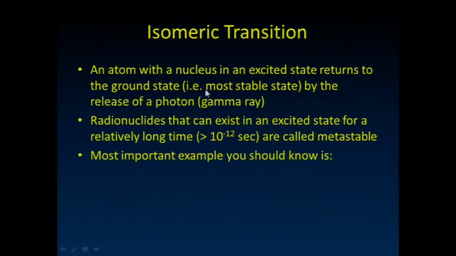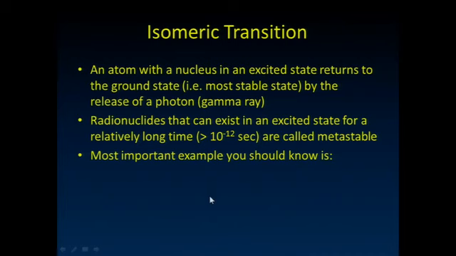When they decay to that ground state, they release a gamma ray photon. It comes from the nucleus there as that atom goes from that excited state down to its ground state. Now, radionuclides that can exist in that excited state for a relatively long time, and we're talking about a relatively long time on the atomic scale, so greater than 10 to the minus 12 seconds, are referred to as being metastable. All right?